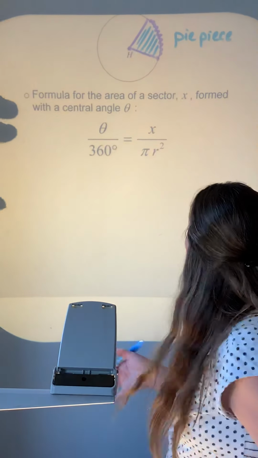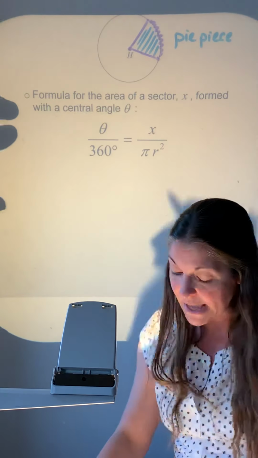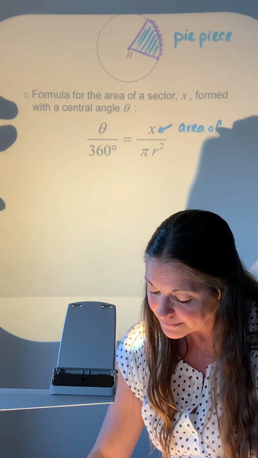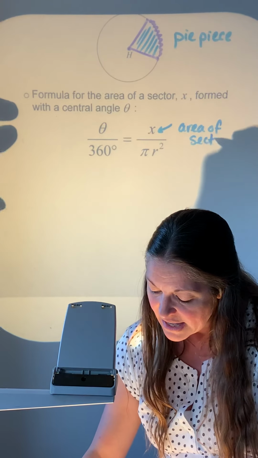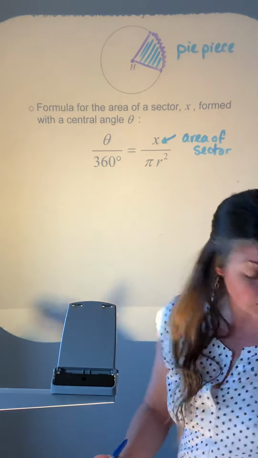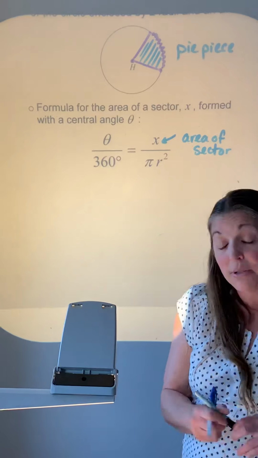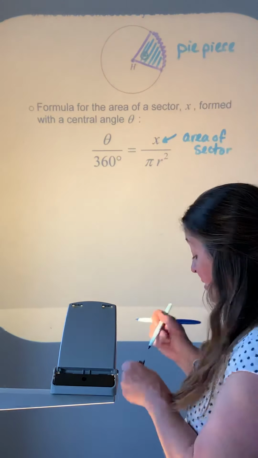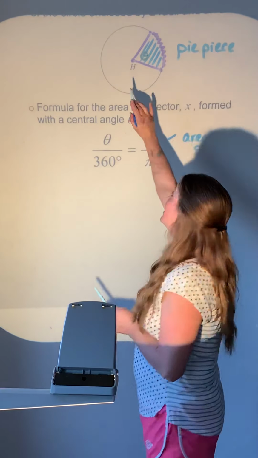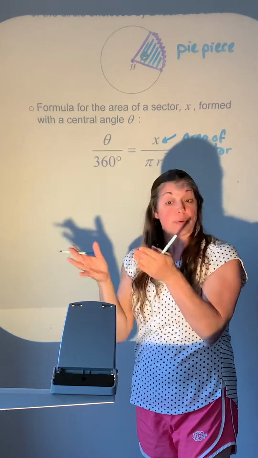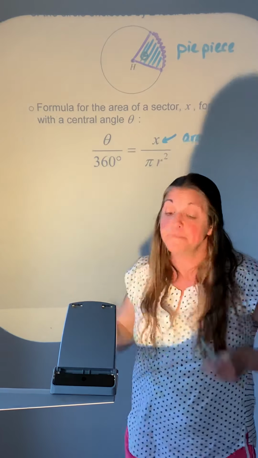All right, so our formula for the area of the sector, again, we're going to use x for the area of the sector. And based on the angle that was formed, remember we talked about the central angle? The central angle is simply just that angle right there that's formed at the center of the circle, with those two sides being the radii, the radius, plural.